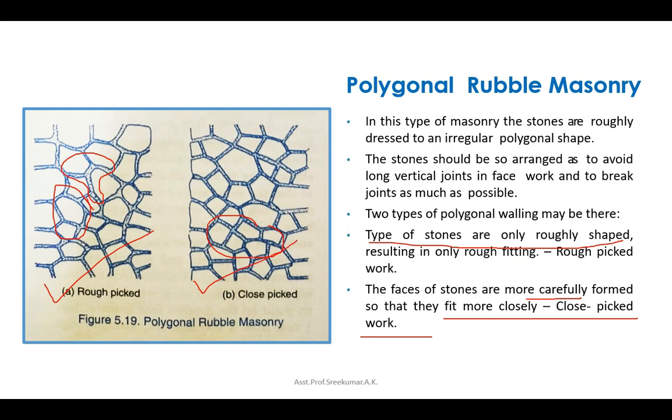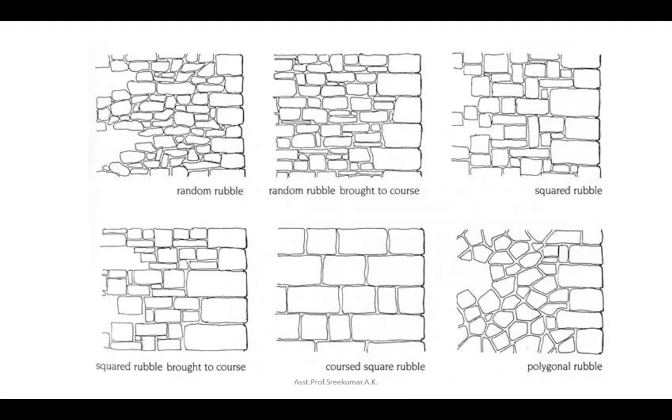So students, till now we have discussed three subtypes of rubble stone masonry: random rubble, square rubble and polygonal. Just compare the figures on the screen and find out the differences between each. In the case of random rubble masonry, stones of varying sizes are irregularly arranged and we can't find any course of stone.